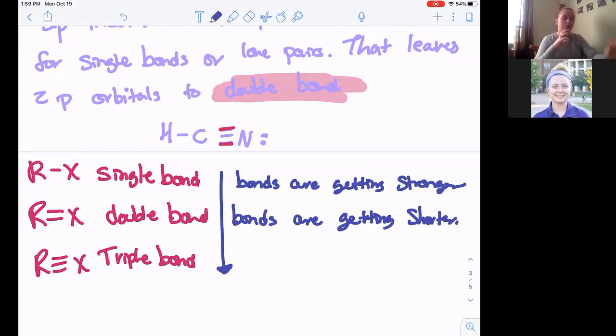And once those negative charges get so close to positive charges, it's going to be a very strong interaction. You're not going to want to break away from each other. So that's kind of how that works.